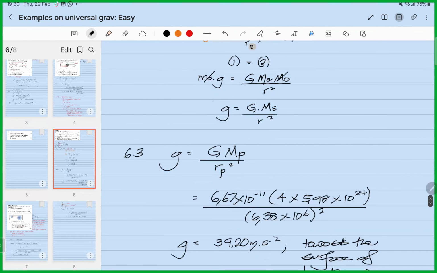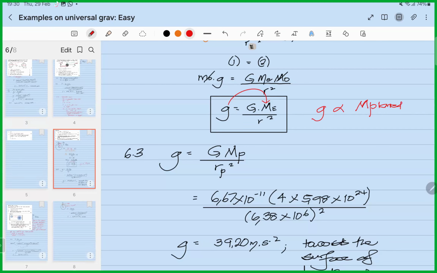But here is the formula for the acceleration due to gravity on any planet. And if you look very carefully, this acceleration due to gravity is directly proportional to the mass of the planet. Mass of the planet, not mass of the person on the planet, just the mass of the planet itself. So your g is directly proportional to the mass of the planet.